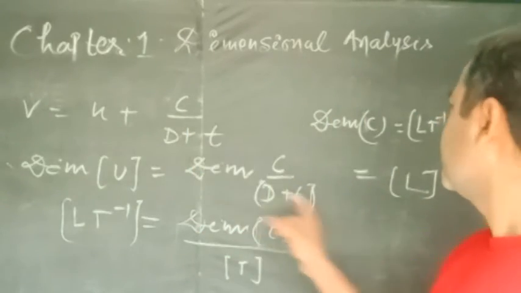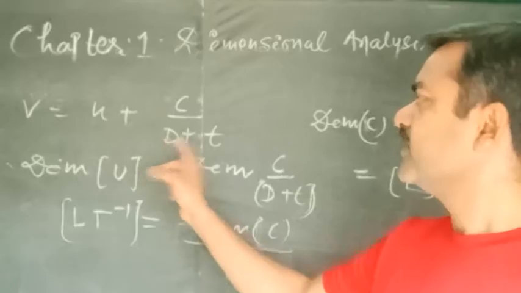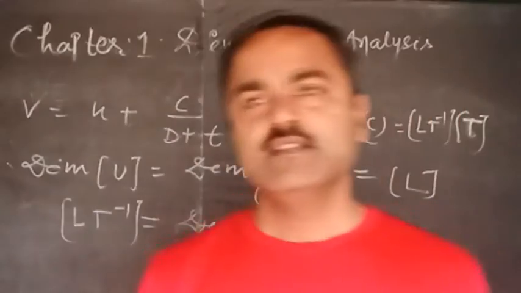So the dimensional formula of C is L and the dimensional formula of D is T.